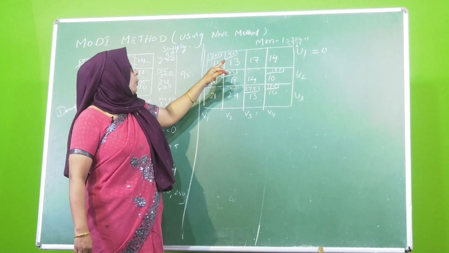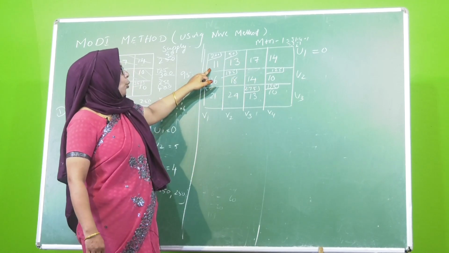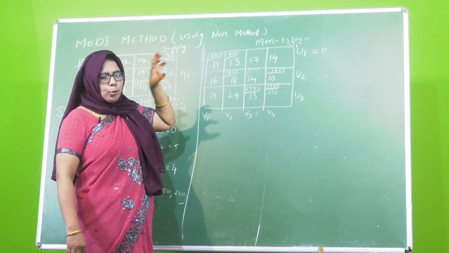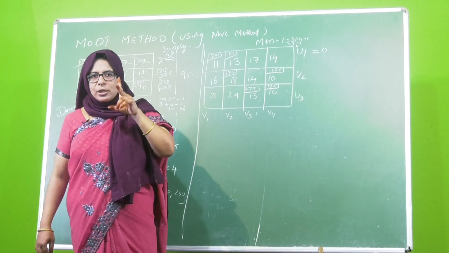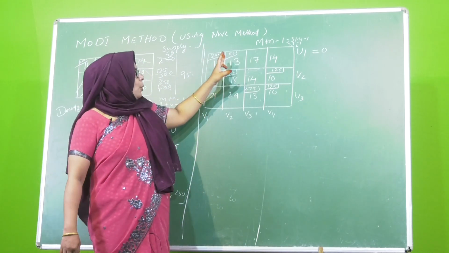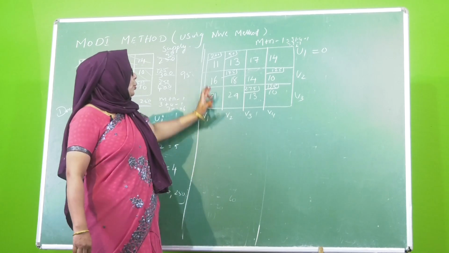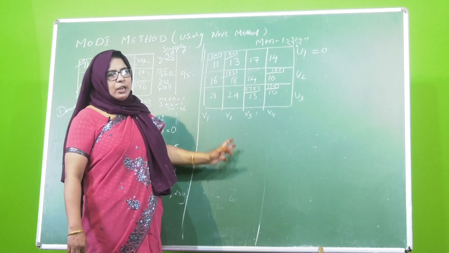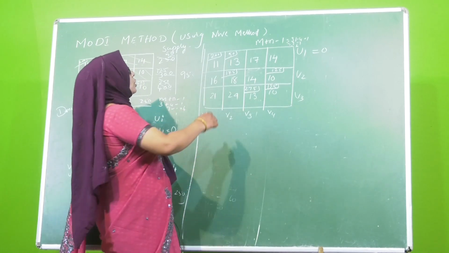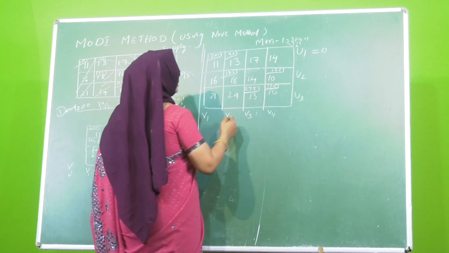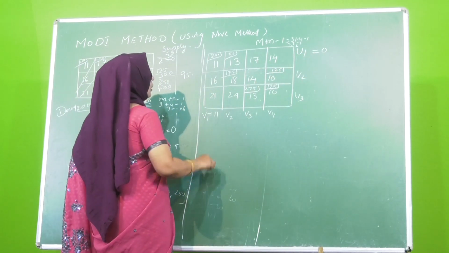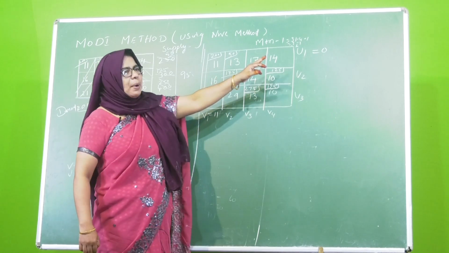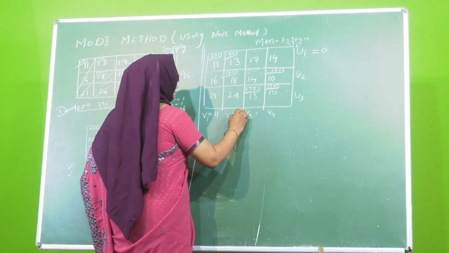For U1 equal to 0, concentrate only on the first row. The first row has only two original allocations, the first and second values, so using these we find V1 and V2. The cell value minus the U1 value: 11 minus 0 is 11, and 13 minus 0 is 13.